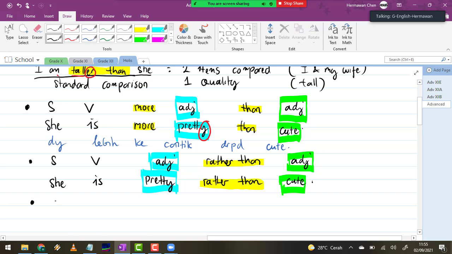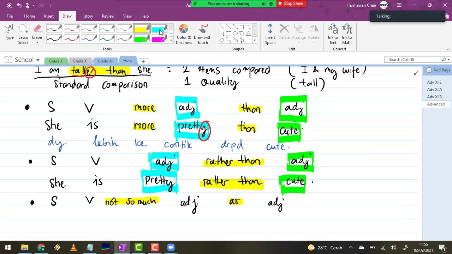The last pattern. Subject, verb, not so much, adjective, as adjective. But be careful, guys. The first adjective used is the second adjective, and the second adjective is taken from the first adjective.